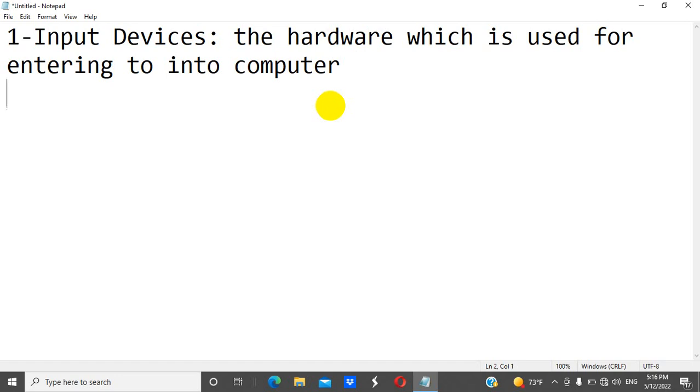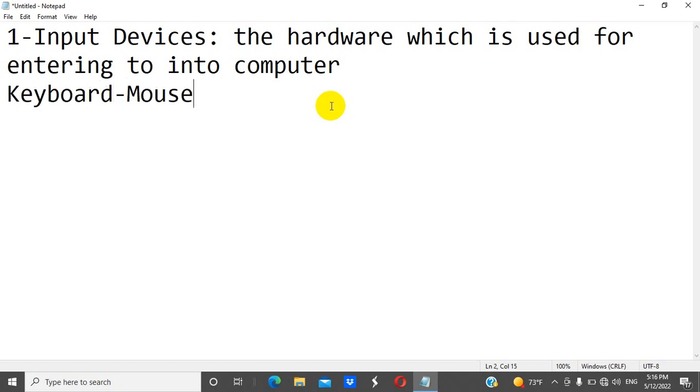For example, we have the keyboard. Keyboard is a hardware device. What is the function of the keyboard? The function of the keyboard is entering or typing. From the outside world, we are typing and entering this information into the processor, into the computer system. So keyboard is an input device.